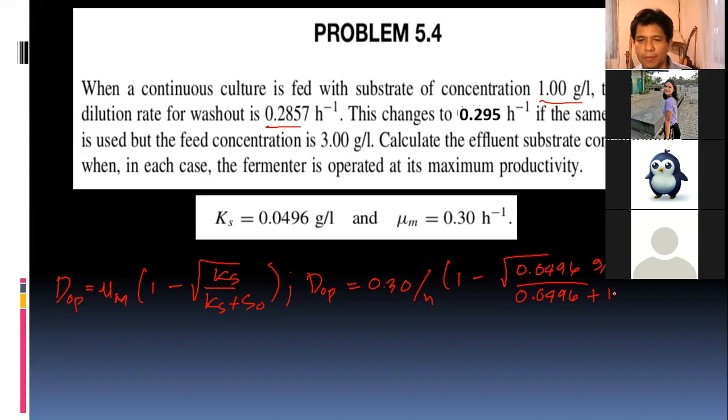Parehas lang naman sila ng unit, puro grams per liter yan, so magka-cancel out lang actually ito. Wala nang unit yan, unitless na. Square root isang ganyan. So, try to calculate the optimum using your calculator.